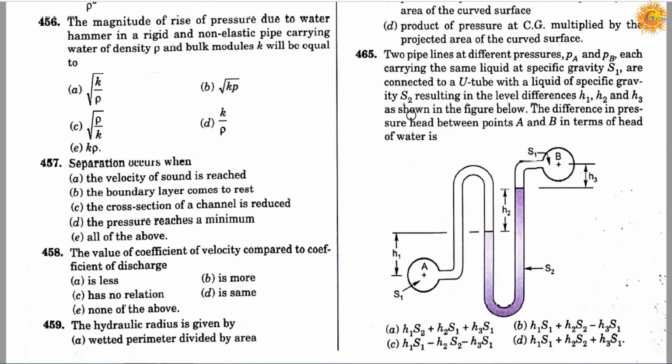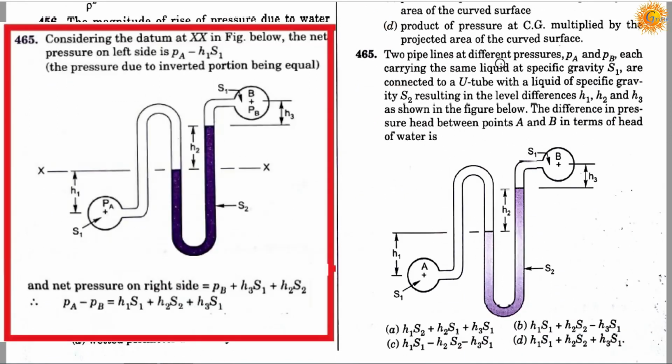Question number 465. Two pipe lines at different pressures PA and PB, each carrying the same liquid of specific gravity S1, are connected to a U-tube with a liquid of specific gravity S2, resulting in the level differences H1, H2 and H3 as shown in the figure below.